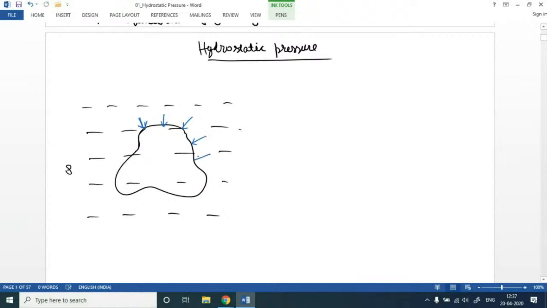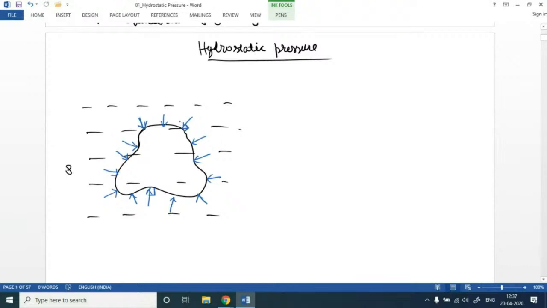And you must see that this compressive force is everywhere perpendicular to the instantaneous surface. So you have to always understand that this force is going to be compressive in nature, as well as perpendicular to the surface over here.